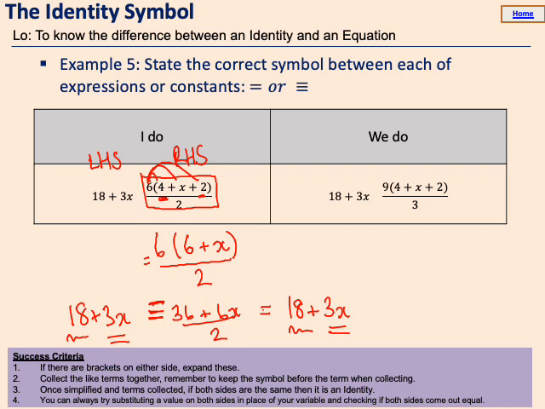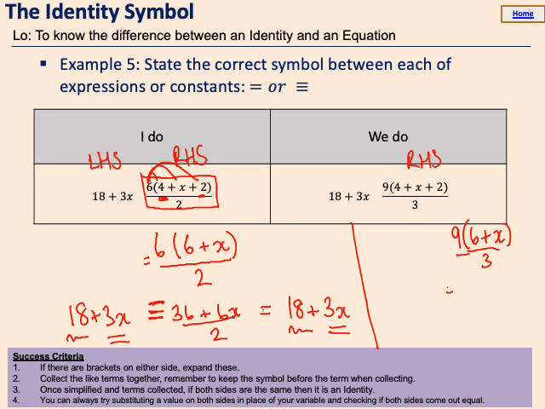So now pause the video and spend 2 minutes trying to solve this one. Okay, so now let's have a look at this. I'm a little bit short for space here. So on our right-hand side, 9 is going to be multiplied by everything inside the bracket, and inside the bracket we have 6 plus x, and it's all going to be divided by 3, everything.